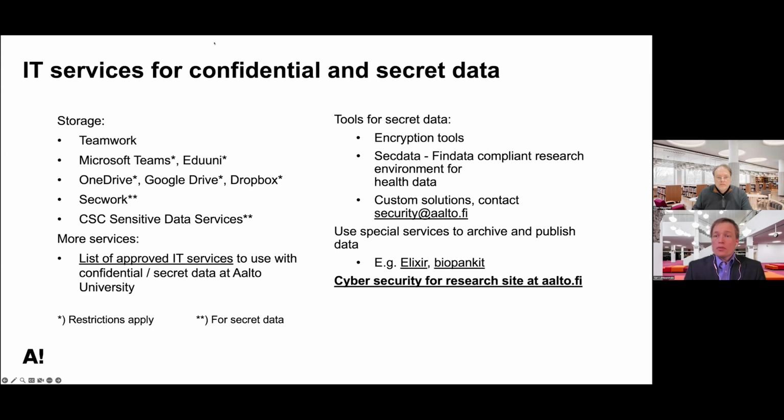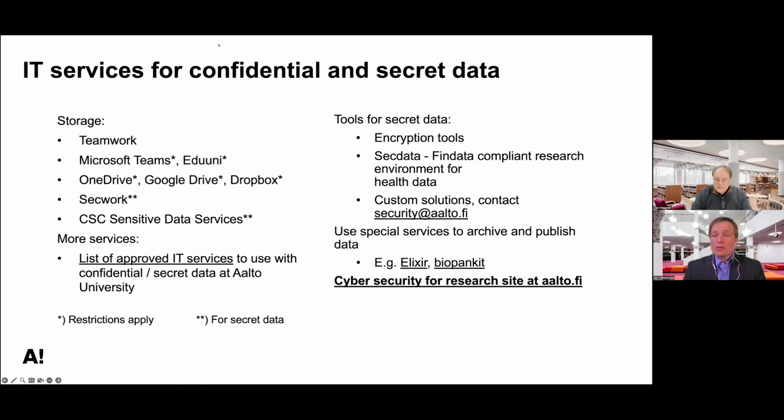If you have health-related research data that you would like to archive and perhaps publish to a restricted audience, there are special services like Elixir or biobanks for this kind of health-originated data, which have secure processes for sharing and for collaborating scientifically, also using the original data.